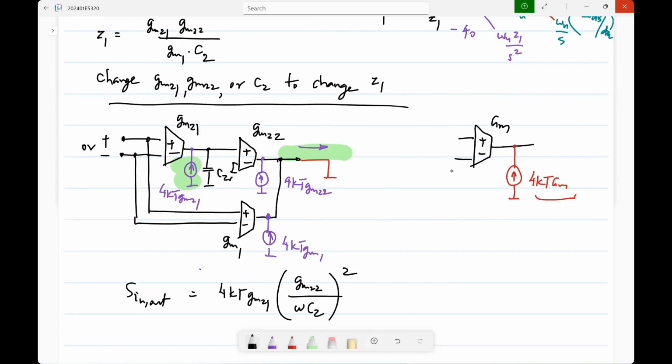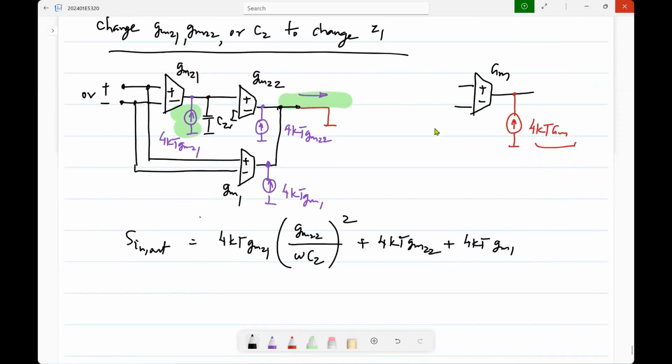That is the magnitude squared of the transfer function, right? So, actually at low frequencies you get a substantial amplification of this noise, okay, plus 4kT gm22 plus 4kT gm1. So, this is the output noise current, okay.